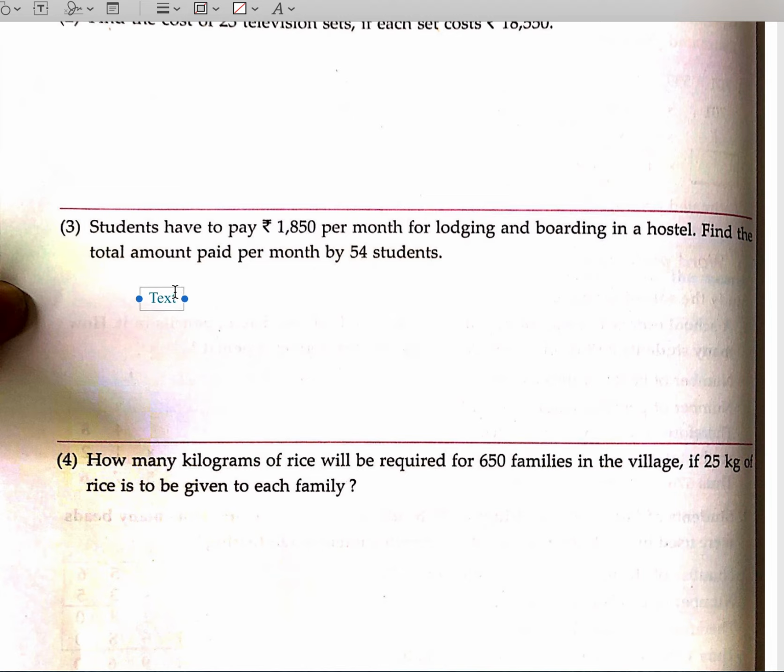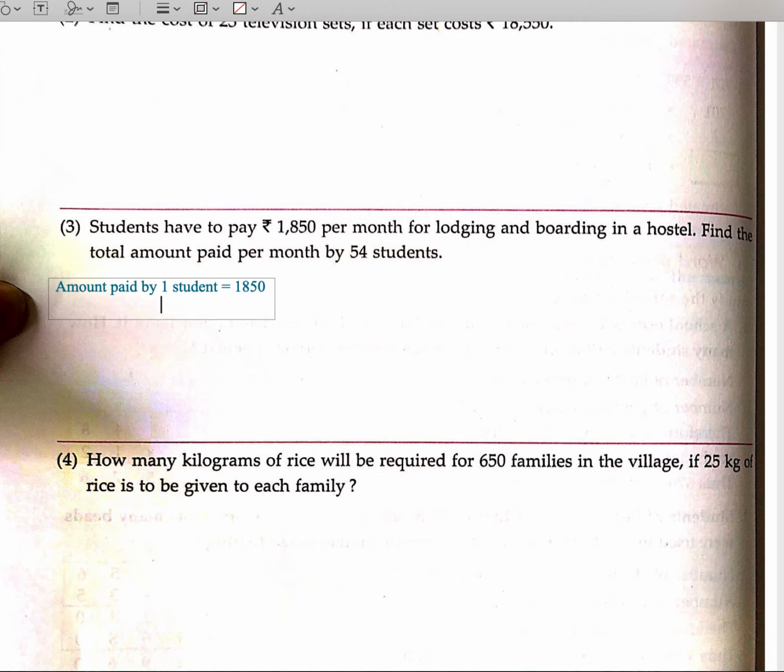So the first statement will be: amount paid by one student is equal to 1850.